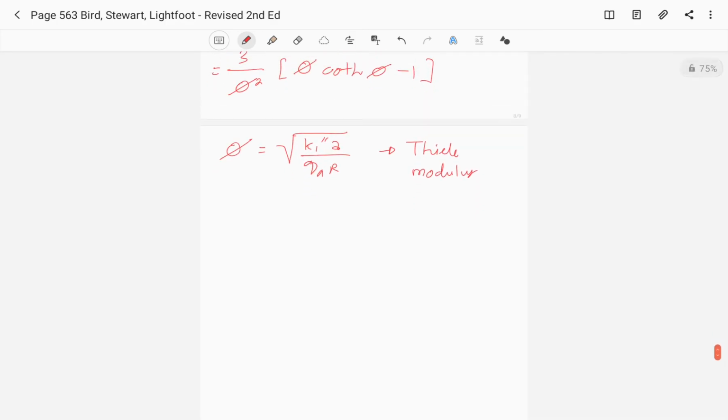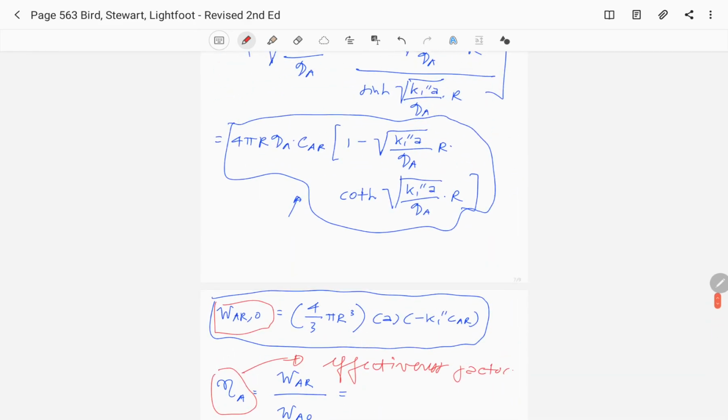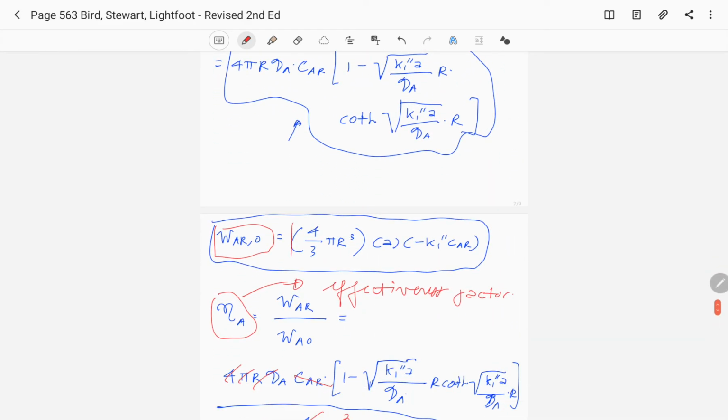Okay, for non-spherical particles, so far we have assumed that the particle is basically spherical. As you can see, when we derive these things in here, we use the volume for the spherical particles.